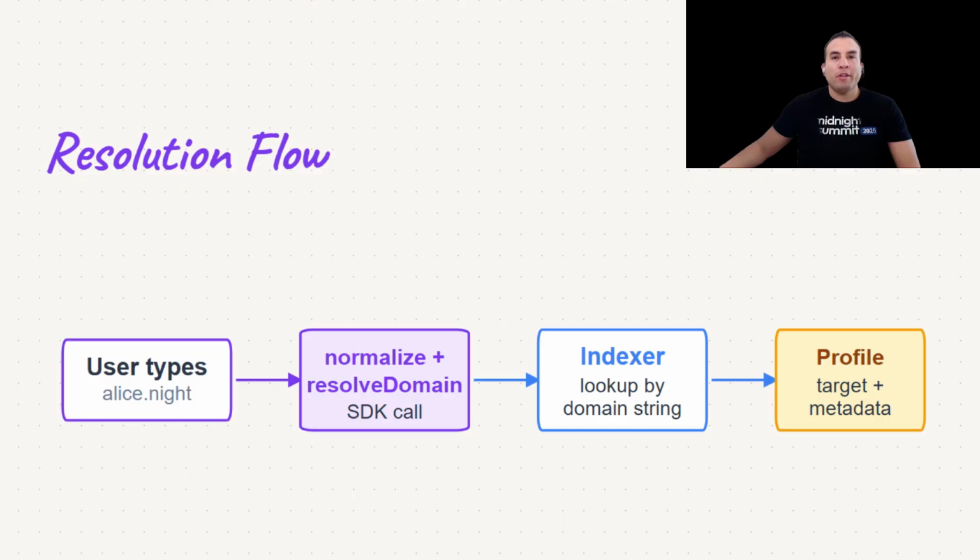Step 4. The indexer returns the full profile. That's the read path. It's fast, typically under 100 milliseconds. And notice, no wallet involved yet. You can resolve any domain without a connected wallet. The wallet only enters the picture when we verify ownership.